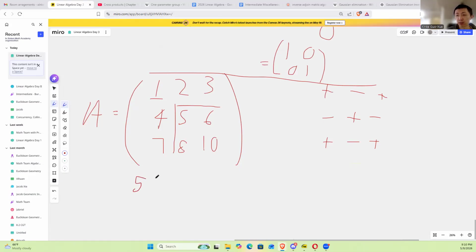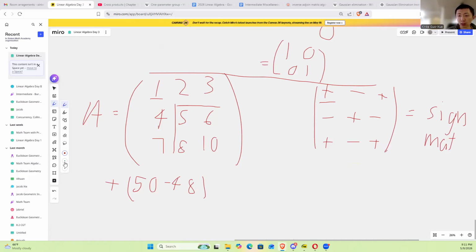So this is 50 minus 48, which is 2. Then we multiply it by the corresponding entry in the sign matrix. I don't know if sign matrix is an actual term, but we'll just call it that.